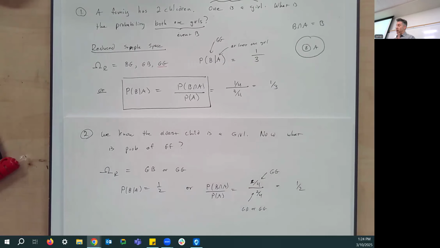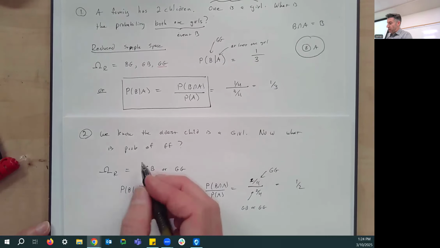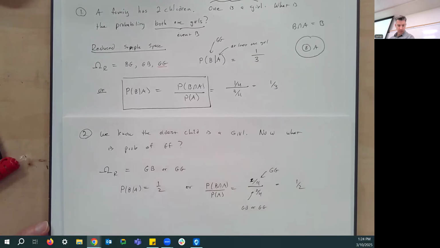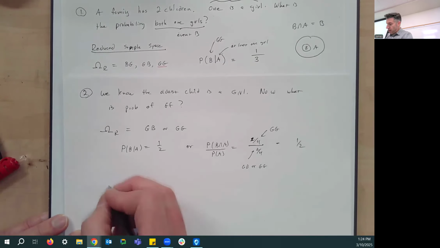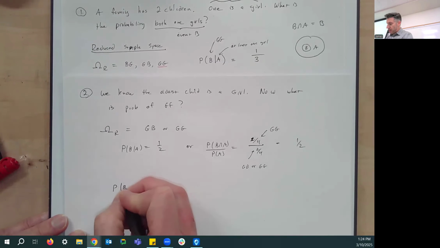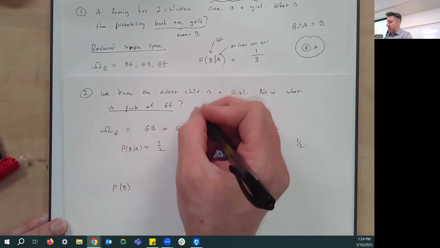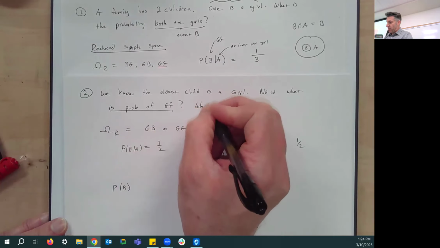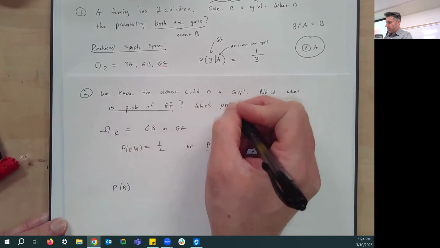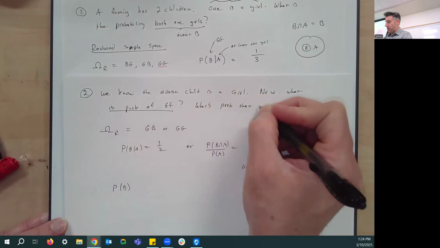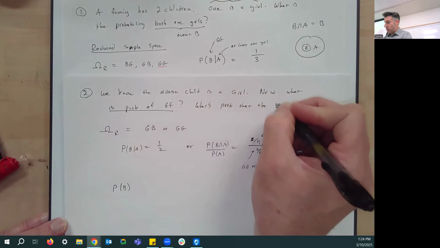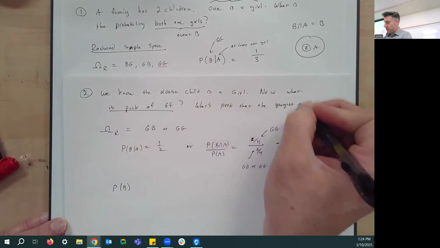And what I wanted to point out here is, again, if we're talking about the probability of B happening on its own, specifically, in this case, when you're asking the probability of getting girl, girl, it's the same as asking what's the probability that the youngest child is a girl, since we already know the oldest is a girl.